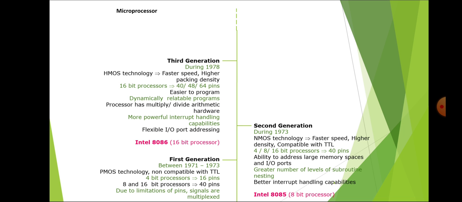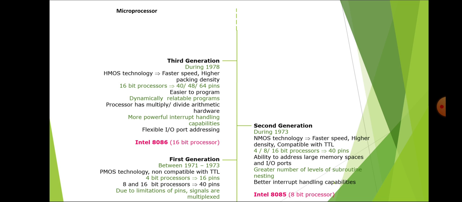Now in the third generation, after almost 5 years, during 1978, another new technology came into the picture, that is HMOS technology. It also has faster speed and higher packing density. It has a 16-bit processor with 40 pins, 48 and 64 pins. If the pins increase, it becomes easier to program.